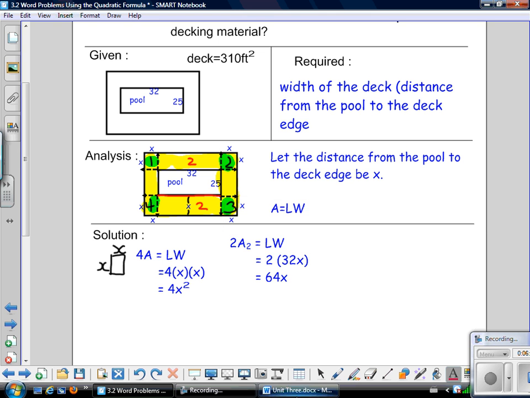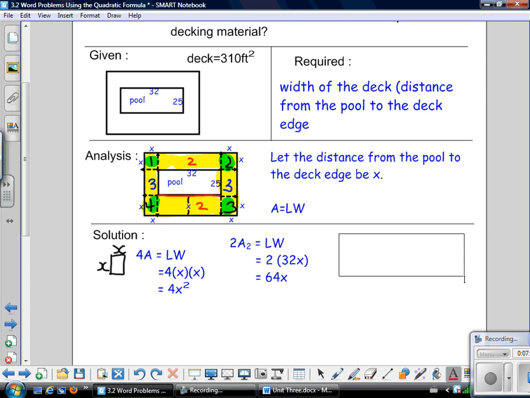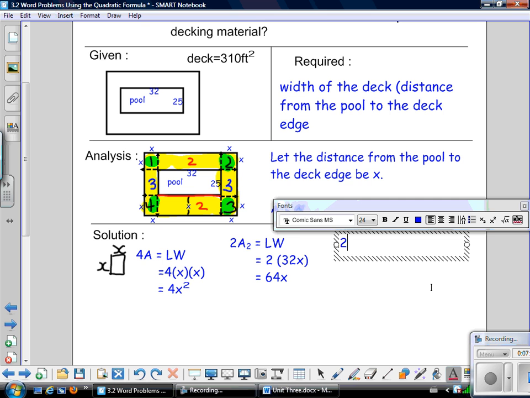And lastly, we'll do our ends, and so our ends are here, so we're going to call them 3 and 3. So we have 2 of them also, so its area is going to be 2 times the area of the third shape, and it equals also length times width, which would be equal to 2 times, in this case, the 25 times x.